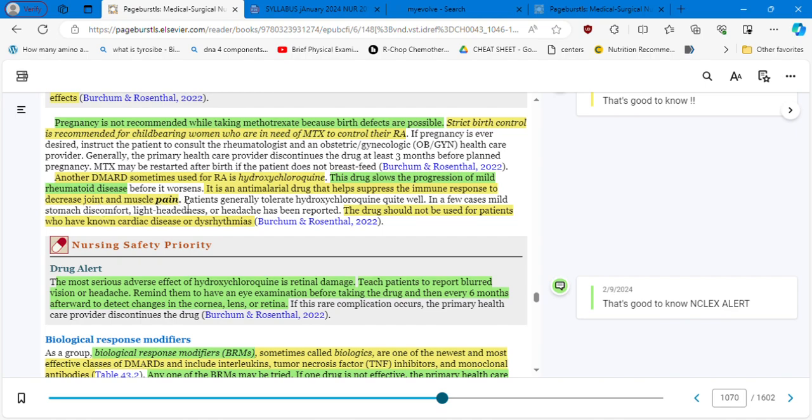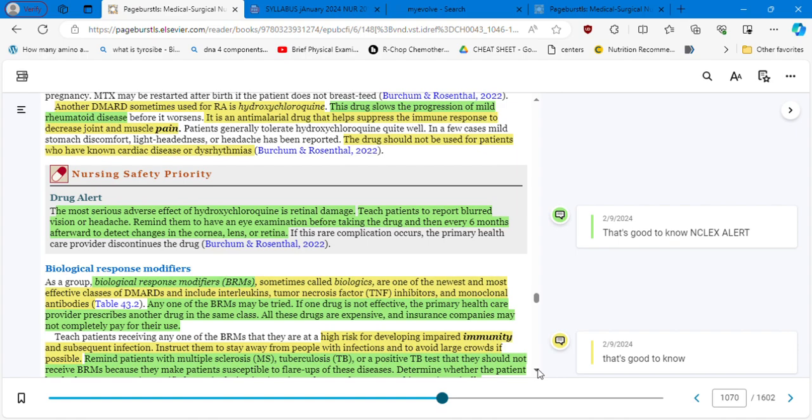It is not approved for COVID treatment here in the United States, the hydroxychloroquine. The drug should not be used for patients who have cardiac disease or dysrhythmia. So that's good to know also. Okay, safety alert. Hydroxychloroquine cannot be used in patients who have cardiac disease or dysrhythmias. And then the most serious adverse effect of hydroxychloroquine is retinal damage. So there you go.